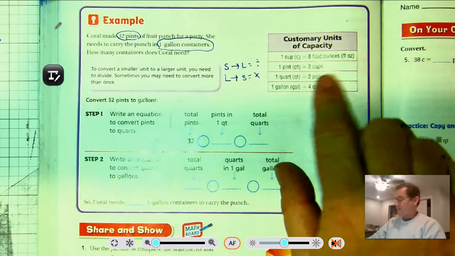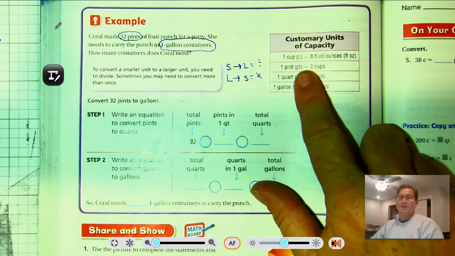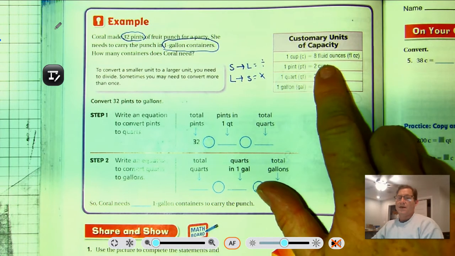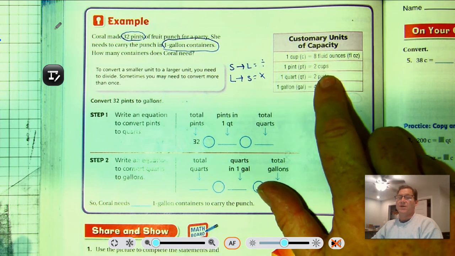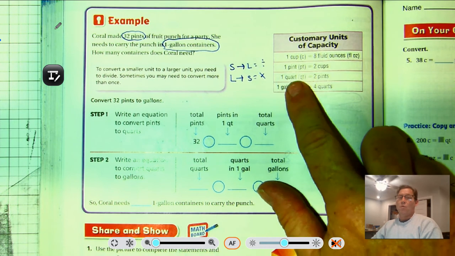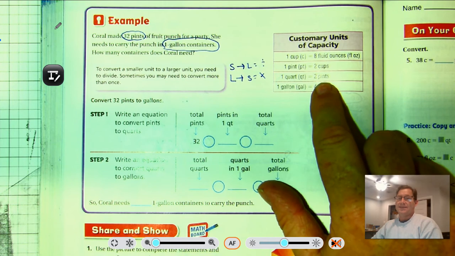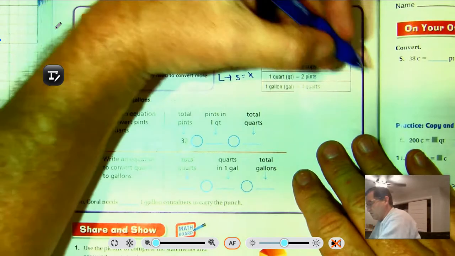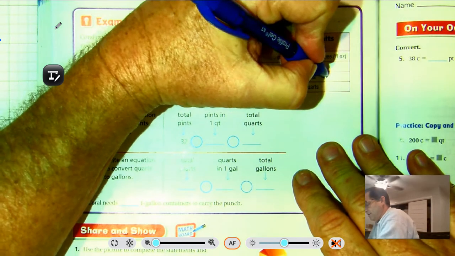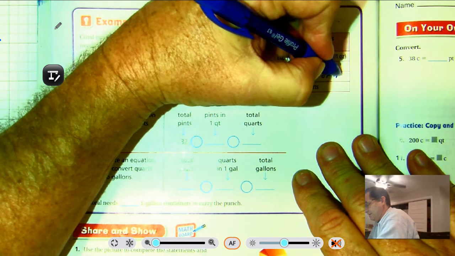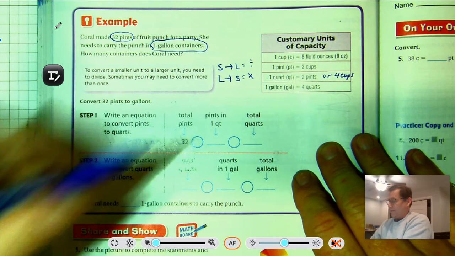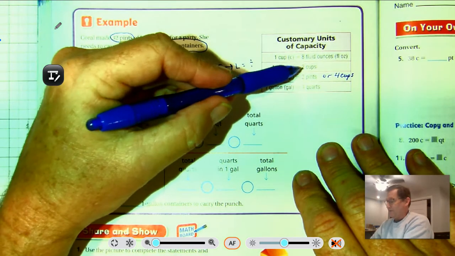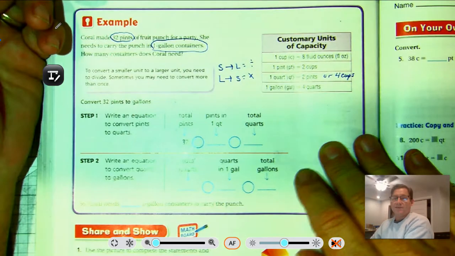All right, and so we have customary units of capacity equivalencies. 1 cup, 8 fluid ounces. 1 pint is the same as 2 cups. 1 quart is the same as 2 pints. We could also say then 1 quart is the same as 4 cups, because if 1 pint is 2 cups, then 2 times 2 is 4 cups.